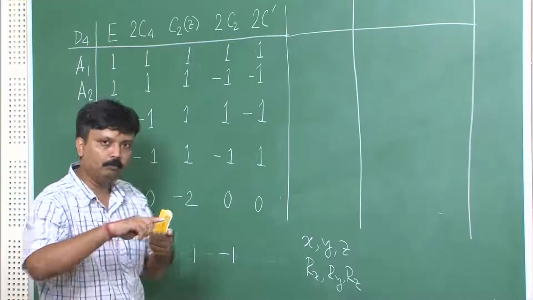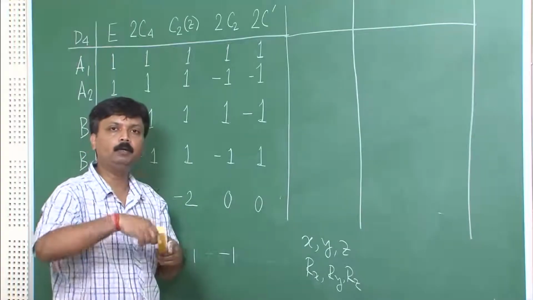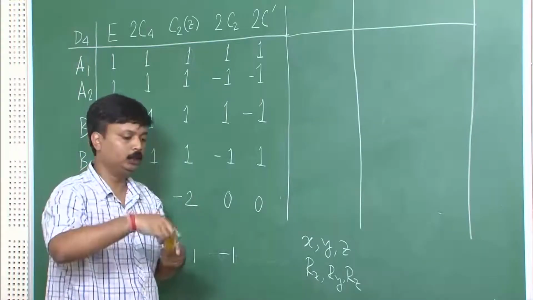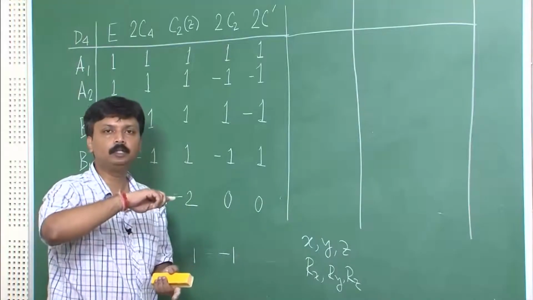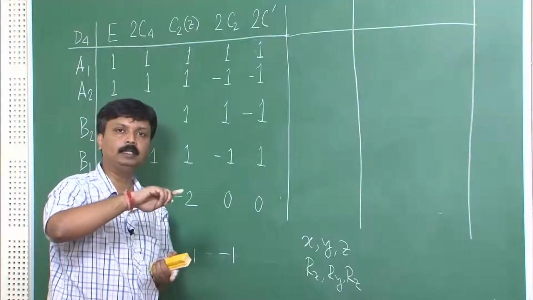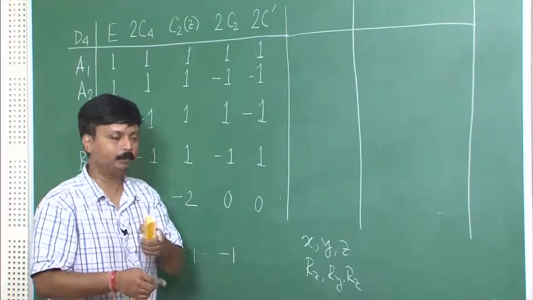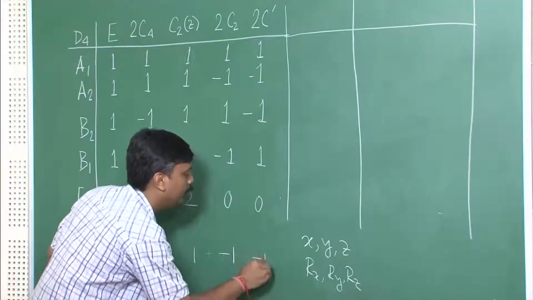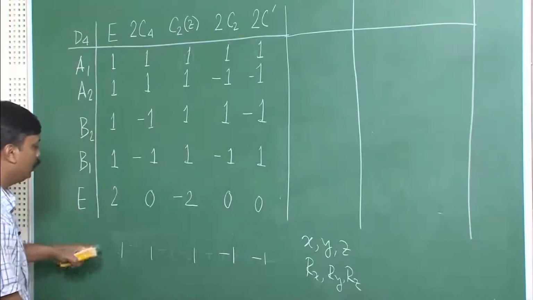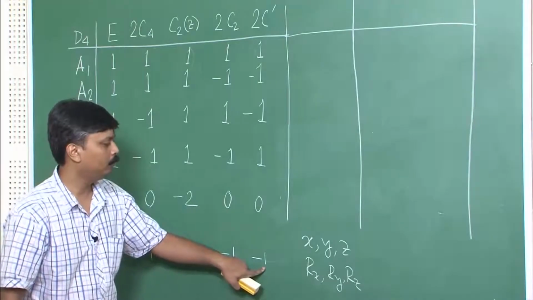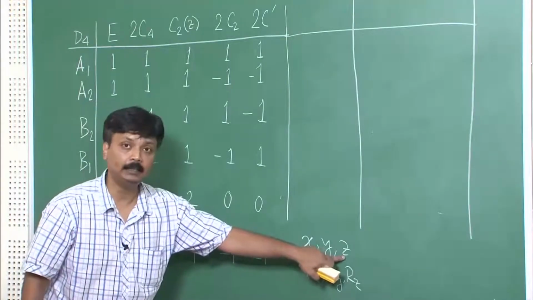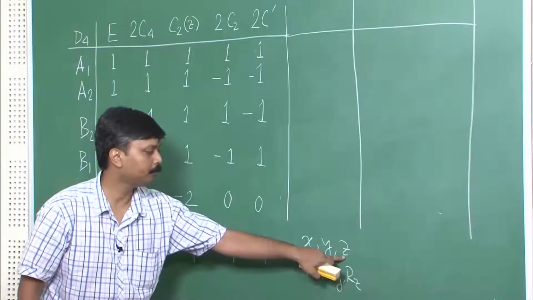Because all C2s are perpendicular to this z axis, correct? So all the C2 primes or C2s will convert plus z to minus z. So this one as well we will get as -1. So now these are the characters that you get when you use z as a basis vector.